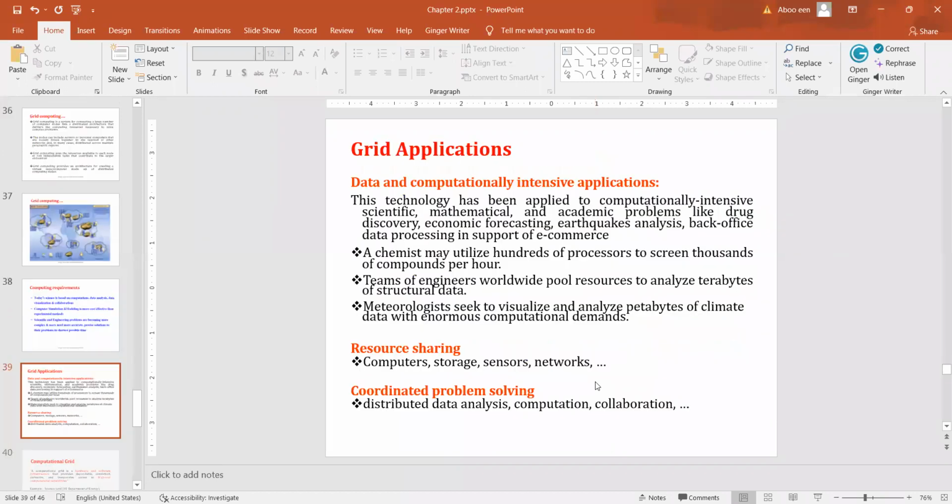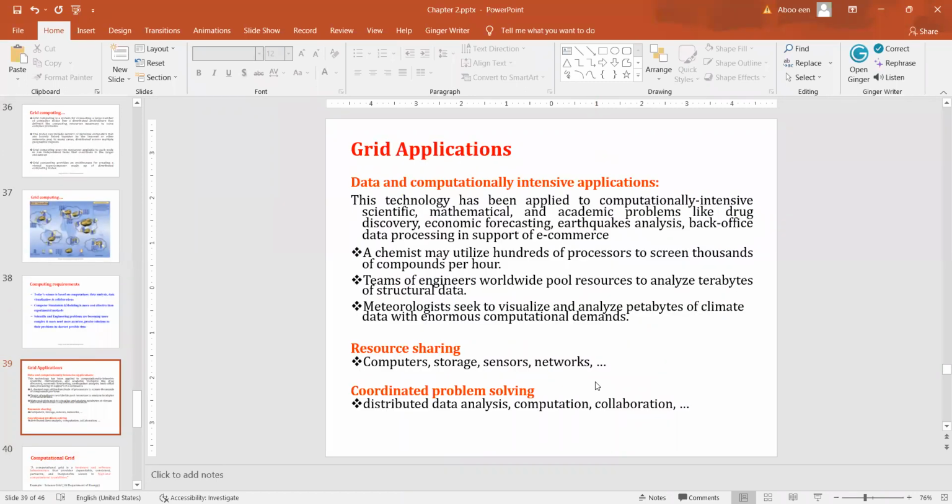So they have great applications for this requirement. Data and computationally intensive applications: this technology has been applied to computationally intensive scientific, mathematical, and academic problems, like drug discovery, economic forecasting, earthquake analysis, and back office data processing in support of e-commerce.